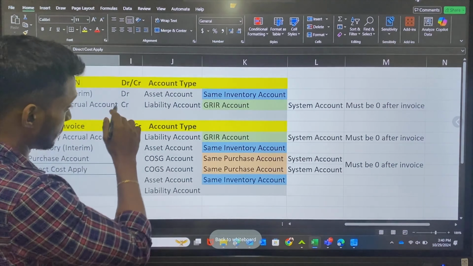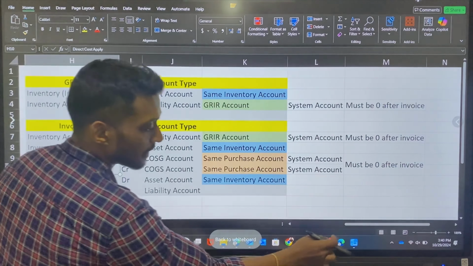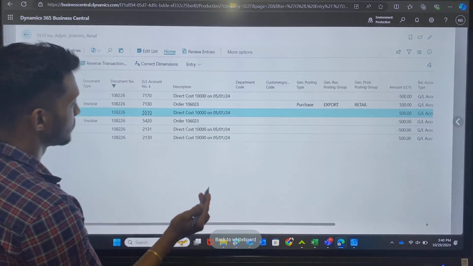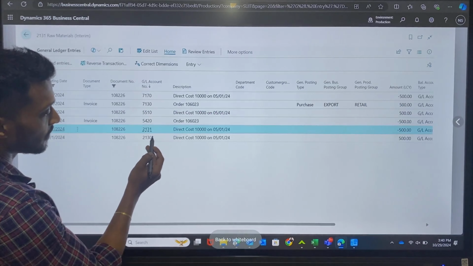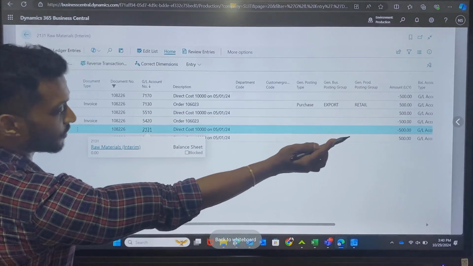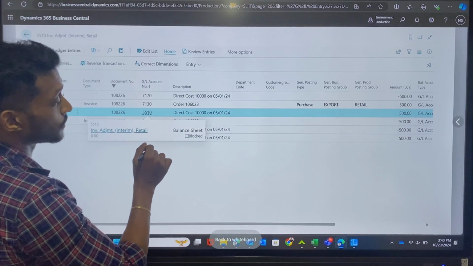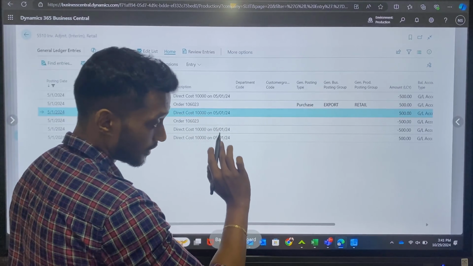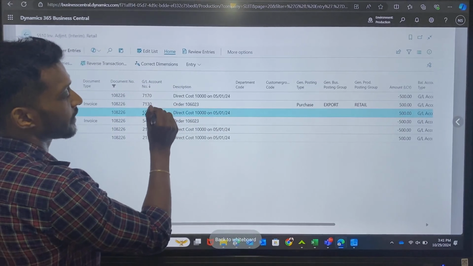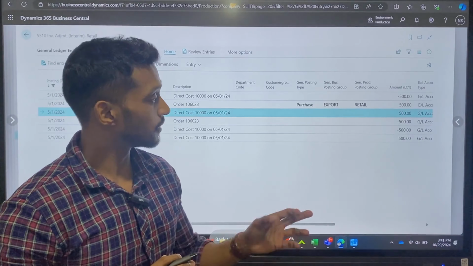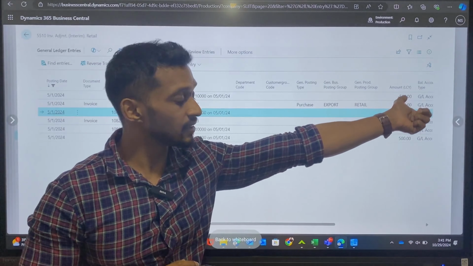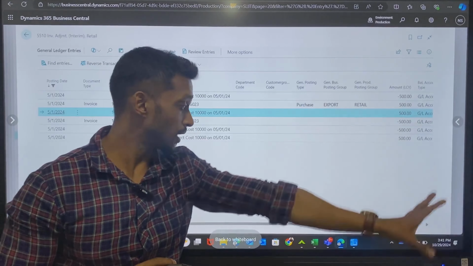When we post the invoice, these accounts get tallied. That's what happened here. See, this inventory interim account gets credit, and this inventory accrual account gets debit, as well as this direct cost applied account and purchase account get tallied here, which we are going to use as the same account.